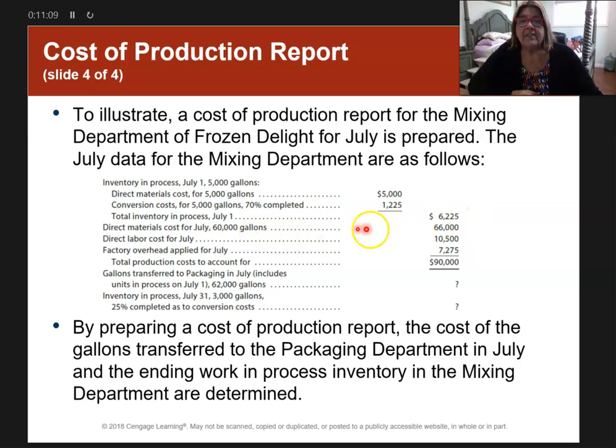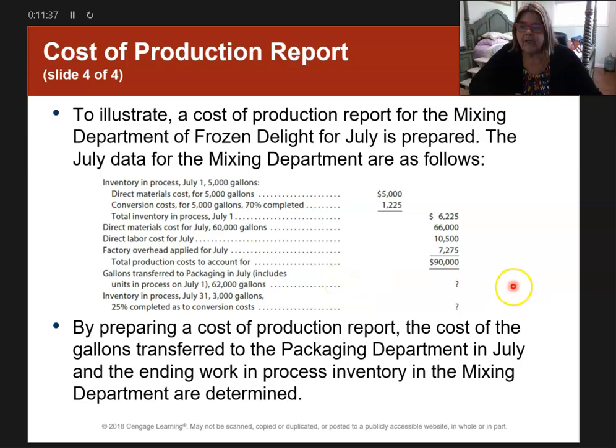Then I'm going to bring in $66,000 in cost for 60,000 gallons. I'm going to bring in the direct labor cost for the month of July only and the factory overhead. So my total production cost right now is going to be $90,000. Our goal is to find out how many gallons are transferred. What is the cost of the gallons transferred to the next department in July?